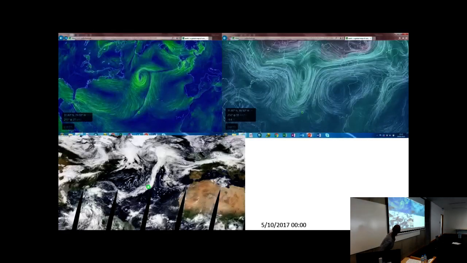Okay, so as well as the wind, we can look at the temperature high up in the air. And this gives us an indication of what the jet stream is doing. So this is the position of the jet stream. Anything to the north of it is cold air. Anything to the south of it is warm air. So this is the 5th of October.